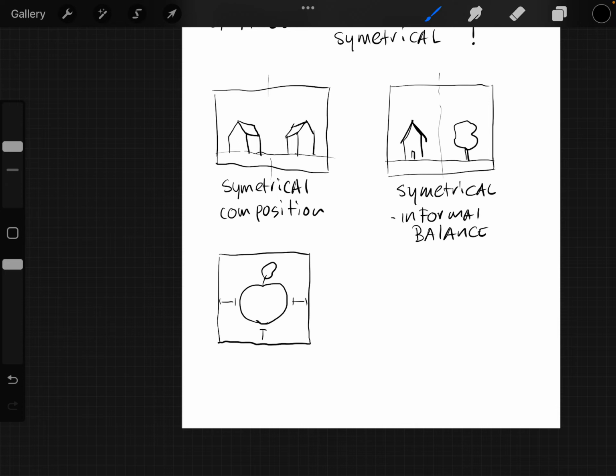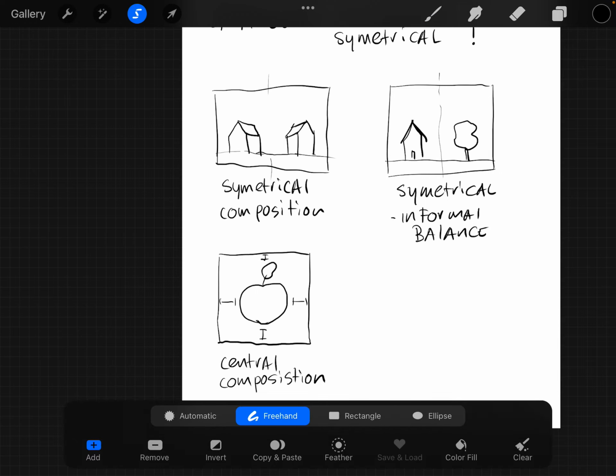It's the same distance here to here. I'm trying to really keep it nicely in the center, right? That is a central composition.